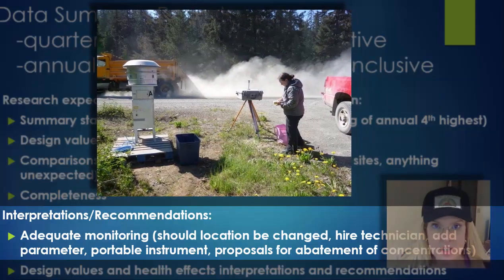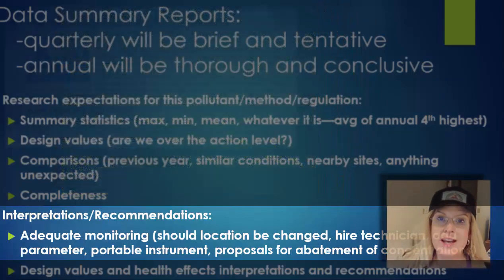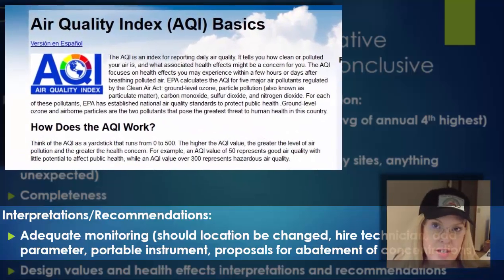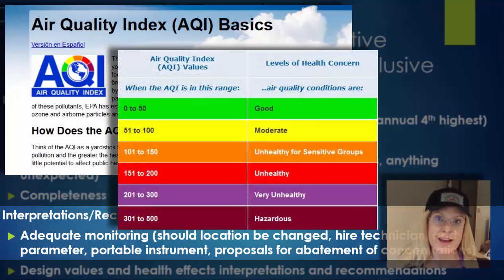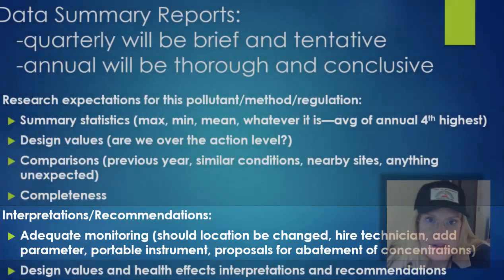For instance, for monitoring in accordance with the National Ambient Air Quality Standards, there is the Air Quality Index. So that's something that you would put into your template report and say, we'll always report on the Air Quality Index, because associated with that are recommendations, for example, it's usually old people and babies should stay inside. And then, of course, the design values.